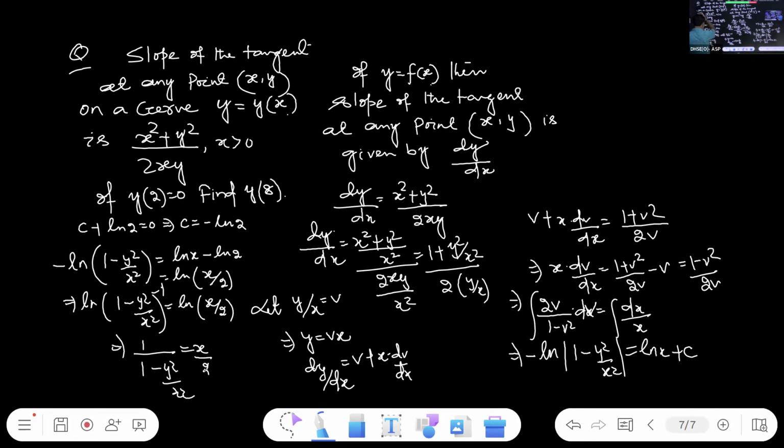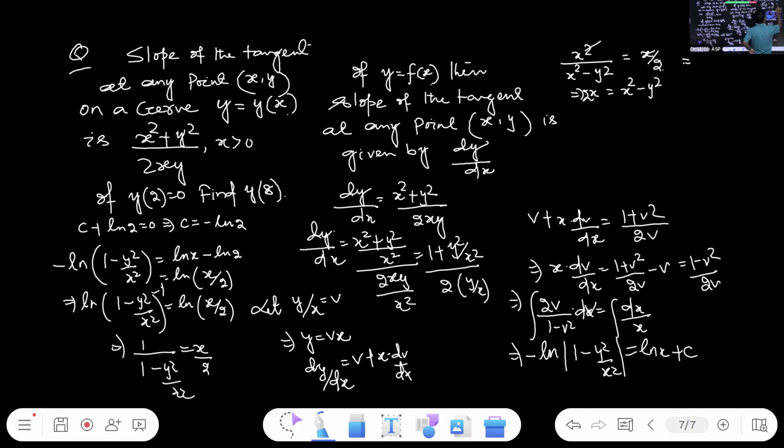Okay. We have to find out the value of y when x is equal to 8. So x square upon (x square minus y square) is equal to x by 2. x cancels, so 2x is equal to x square minus y square.